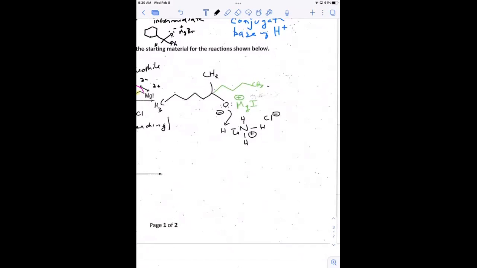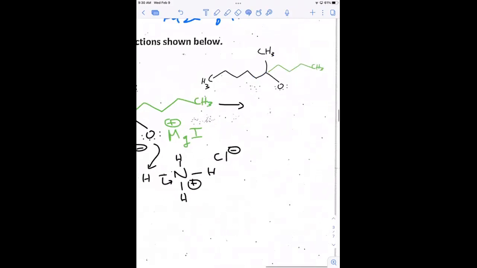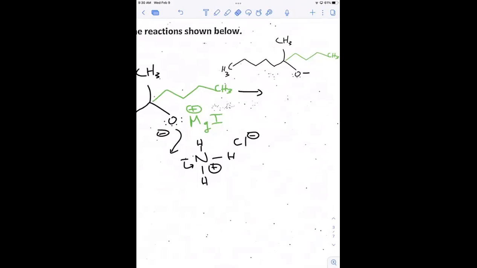Right, so in this case, let me just redraw this. So we have, I'm going to change the color on this just to make it to where you can follow where all the atoms are going.